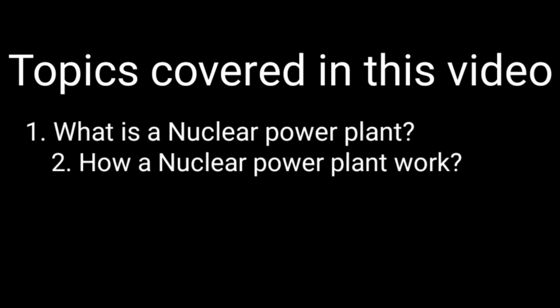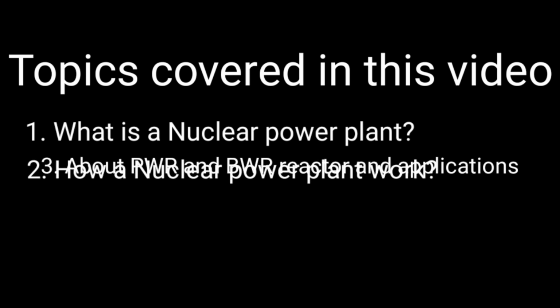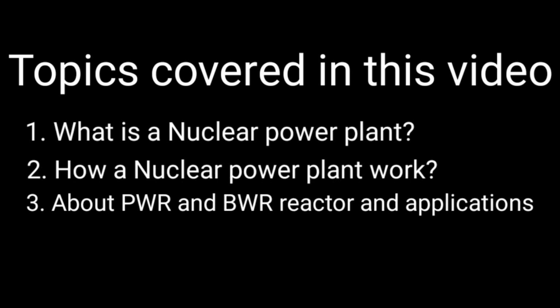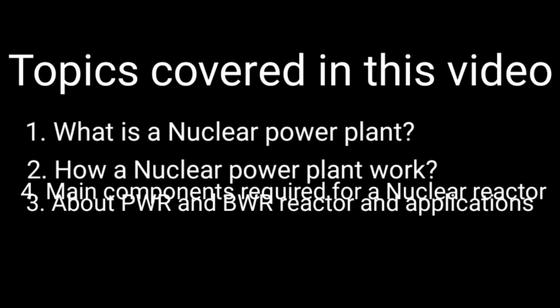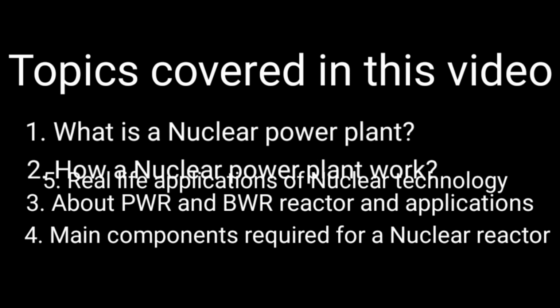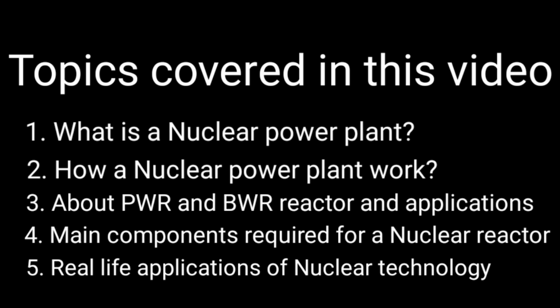Second, how a nuclear power plant works. Third, about PWR and BWR reactors and their applications. Fourth, the main components required for a nuclear reactor. And fifth, some real-life applications of nuclear technology.